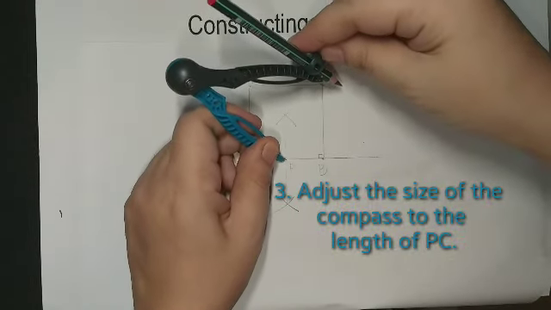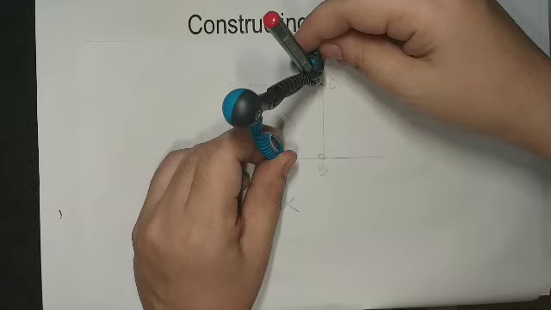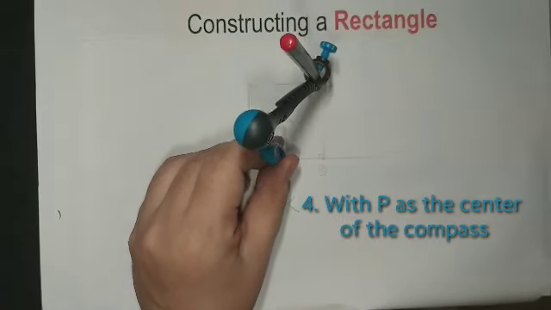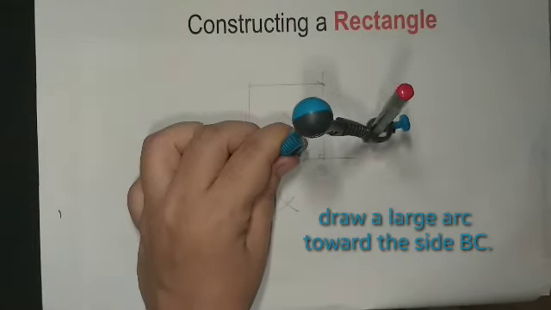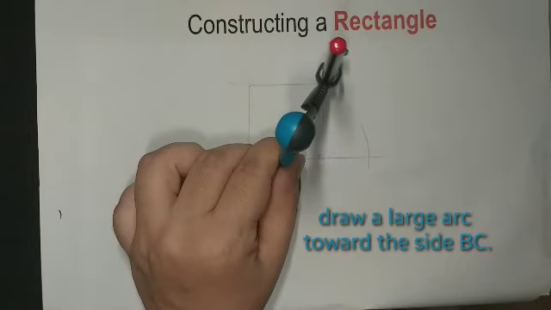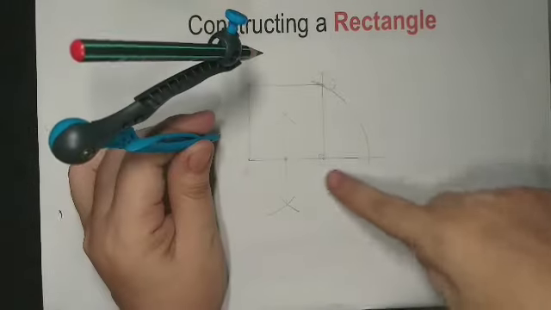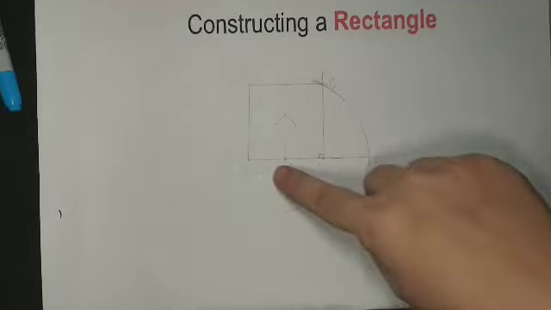So let's adjust our compass to reach point C, and then we have to create an arc crossing the point P up to this line below, the line segment that we have extended a while ago, the AB one.